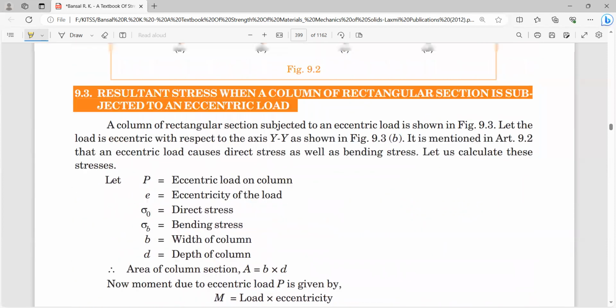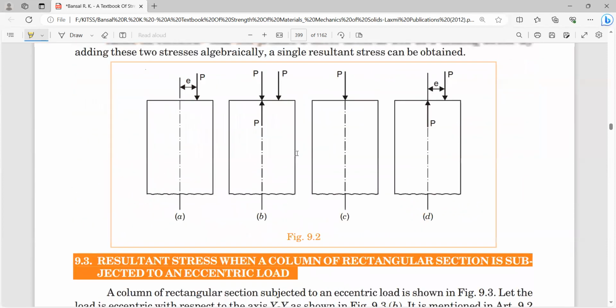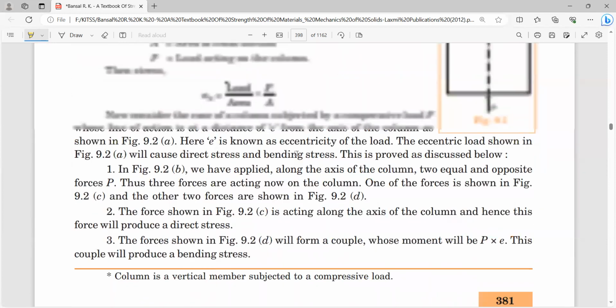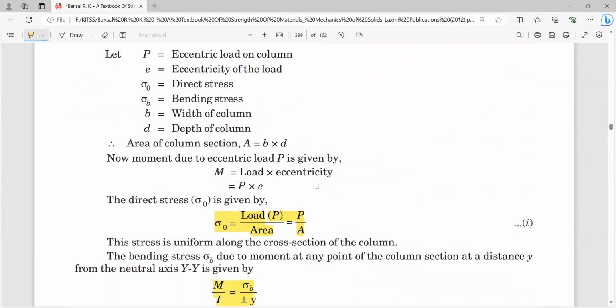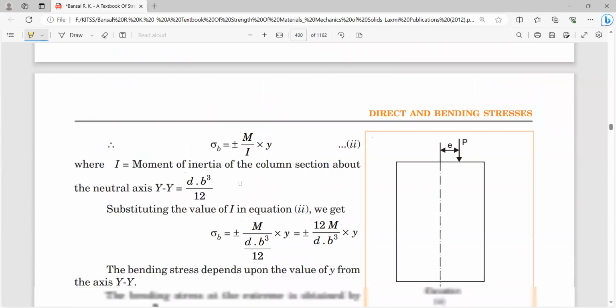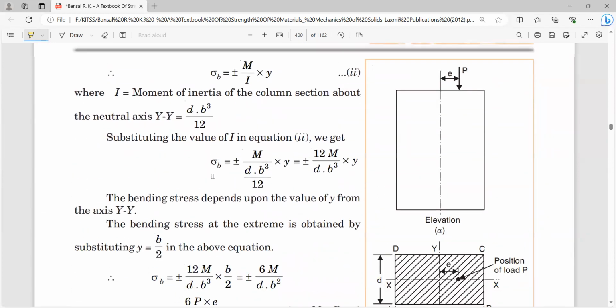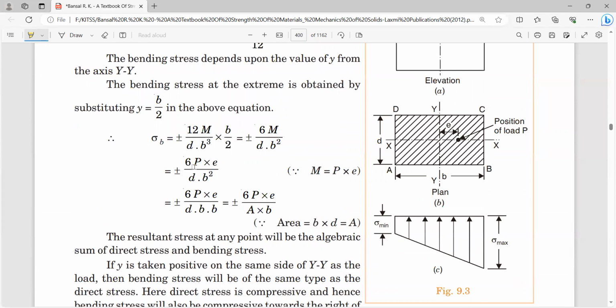To get the maximum effect, we have to combine these two stresses, that means add direct stress and bending stress.